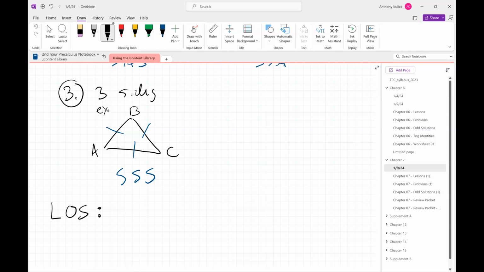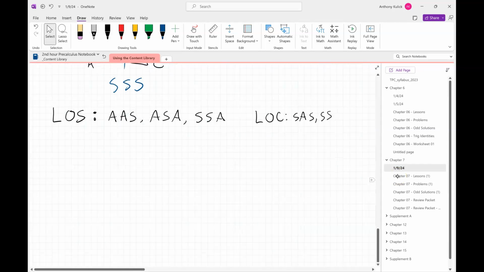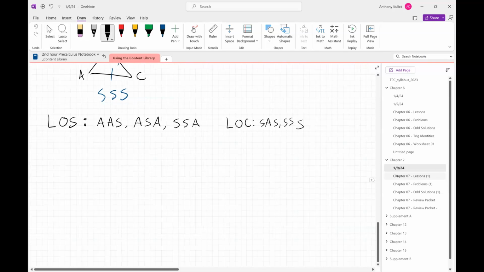So if we have angle, angle, side, angle, side, angle, or side, side, angle, that calls for using law of sines. And if we have side, angle, side or side, side, side, we're going to be using law of cosines.